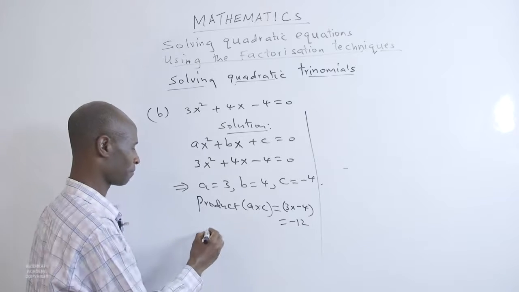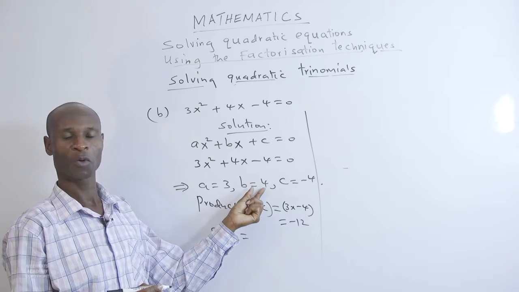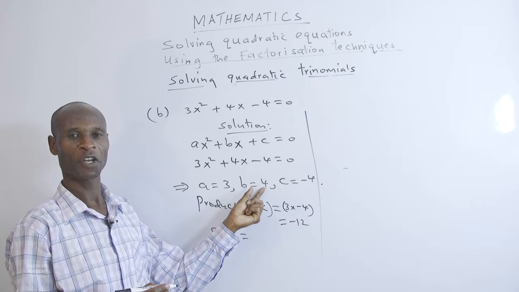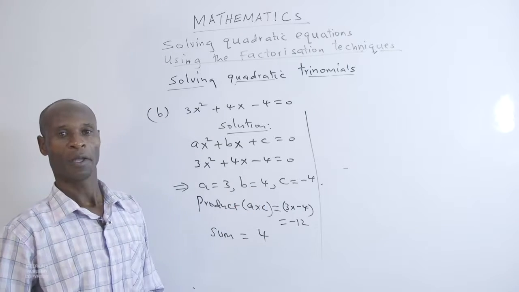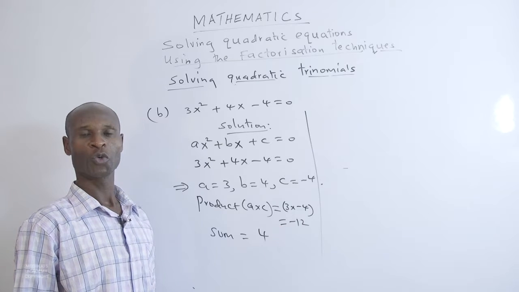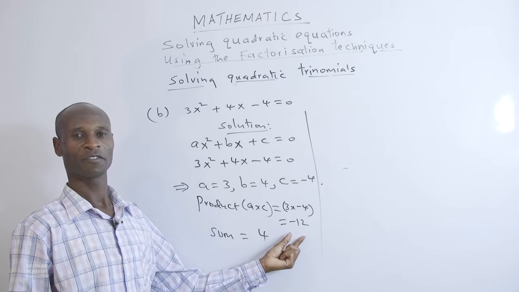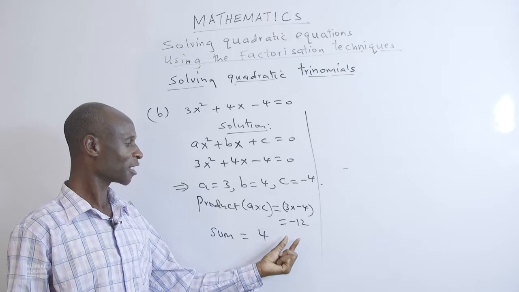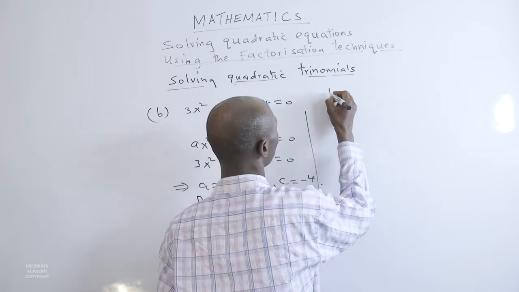Then the sum of the two numbers should be equivalent to b, which is the coefficient of x, in our case 4. Now, how do we find the two factors whose product is negative 12? The factors of negative 12 are found by the inspection method.